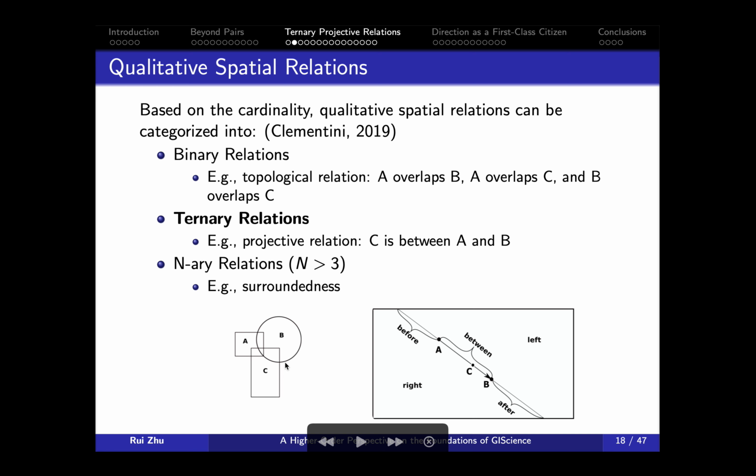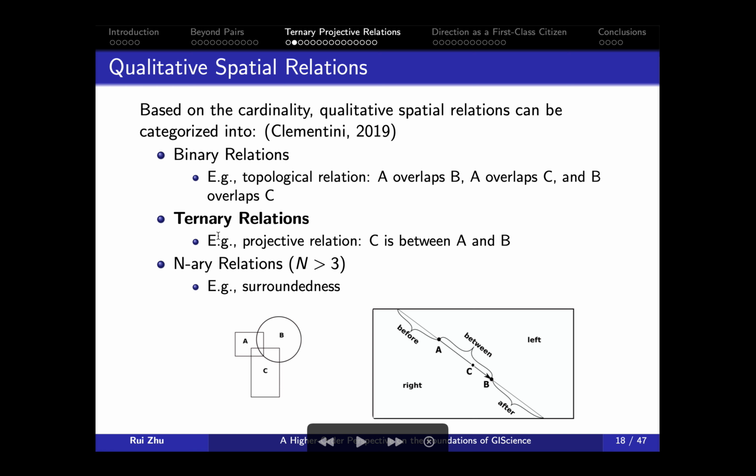Here we can see 3 objects overlap with each other. It sounds like a high order, as it involves 3 entities, but overlap itself is still fundamentally binary because we can decompose the relation into 3 overlaps.